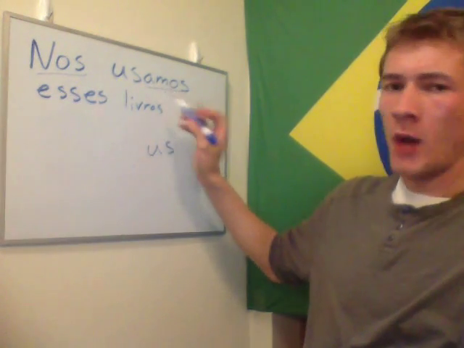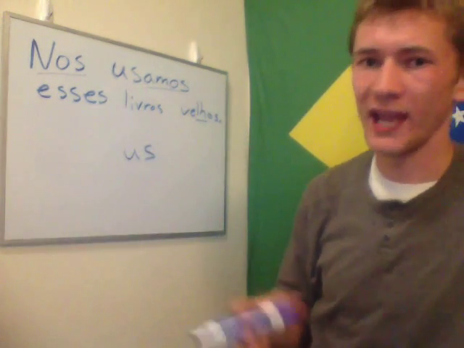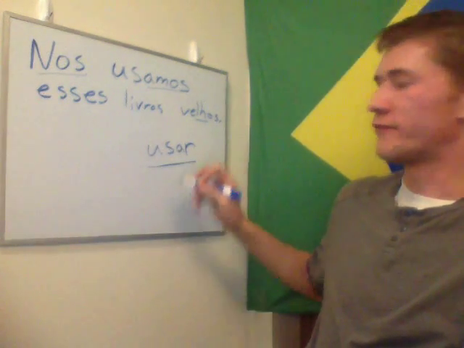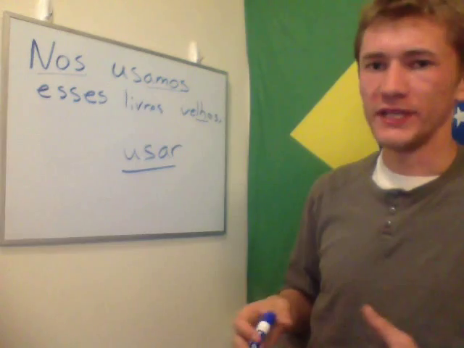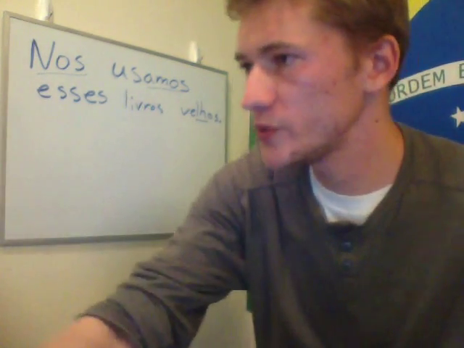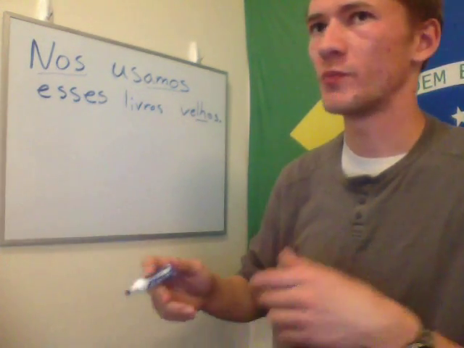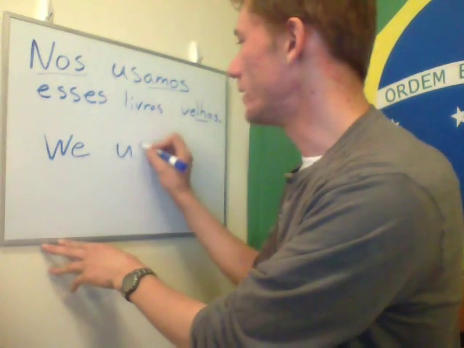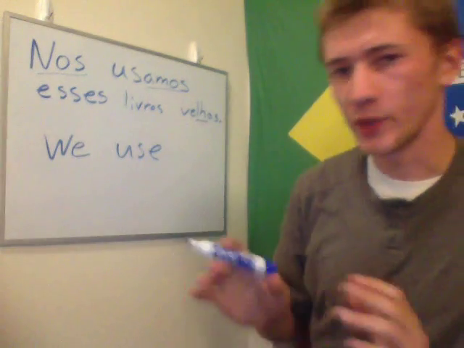And because it's amos, we know it's an AR verb, it's not emos or imos. So if we translate it back, we have the verb usar, which is simply "to use." So we have "to use" that has been conjugated to the pronoun "we," so in English that would simply be "we use." Okay, so we have that out of the way.